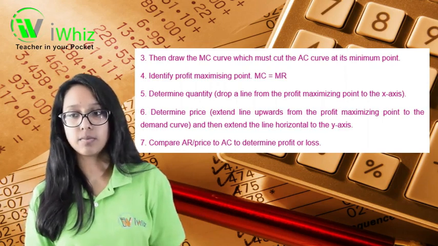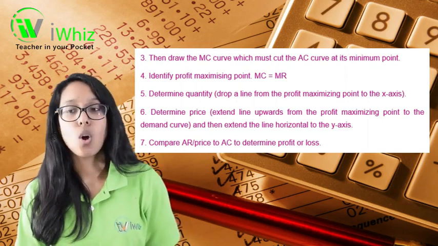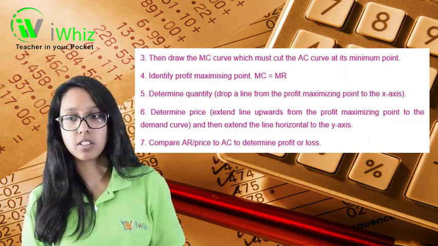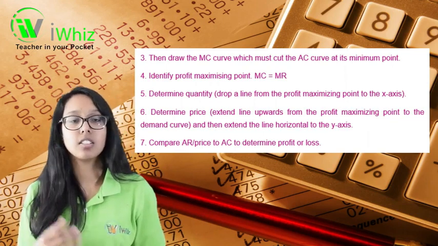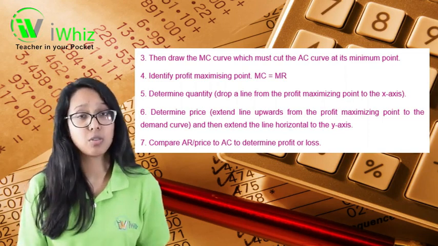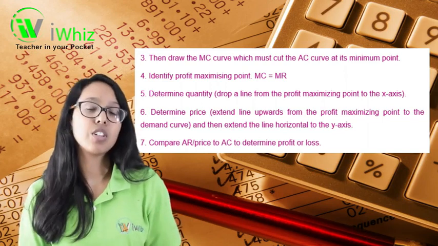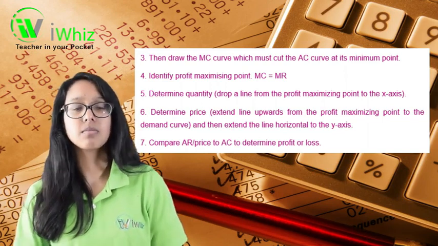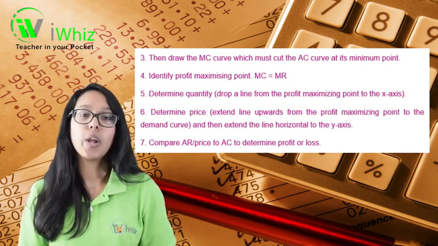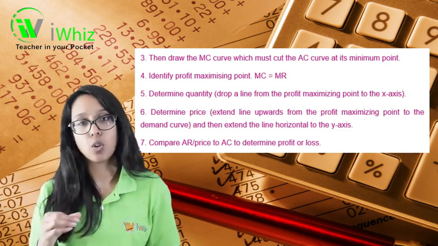You then identify your point where you would maximize profits, meaning your cost is equal to your revenue. So what you're receiving is equal to the amount that you're spending. So this is before you've even achieved a profit. You then determine what quantity you'd need to sell, where you draw a line from your x-axis.